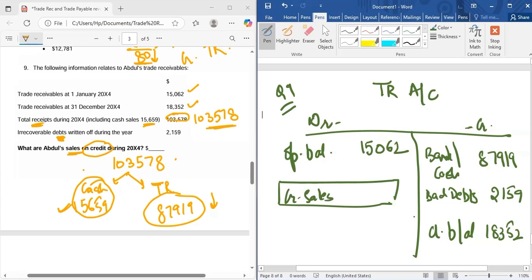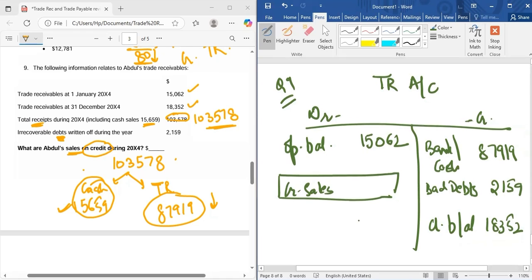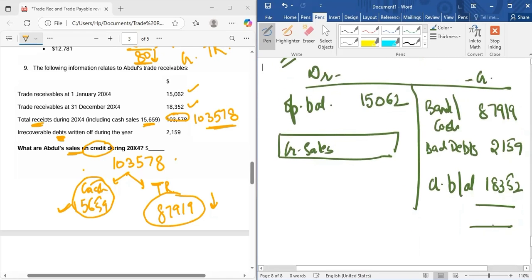So again, total both the sides. Calculate this. On the credit side, the amount would be 108430.